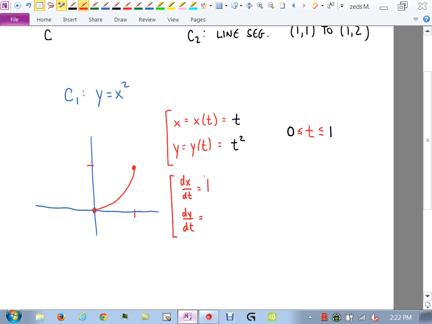What's the derivative of y with respect to t? 2t. So therefore, ds will be equal to the square root of (dx/dt) squared, which is 1, plus (dy/dt) squared, 4t squared, dt.